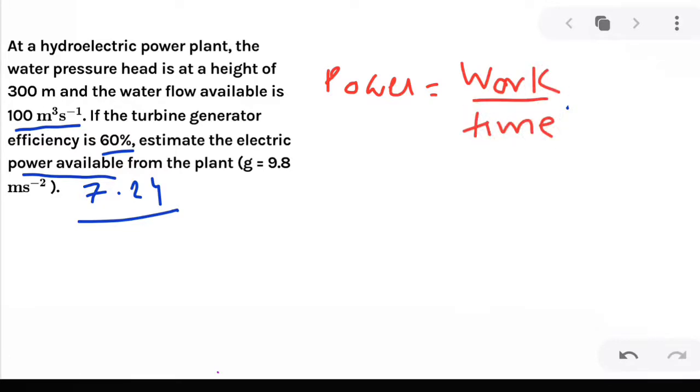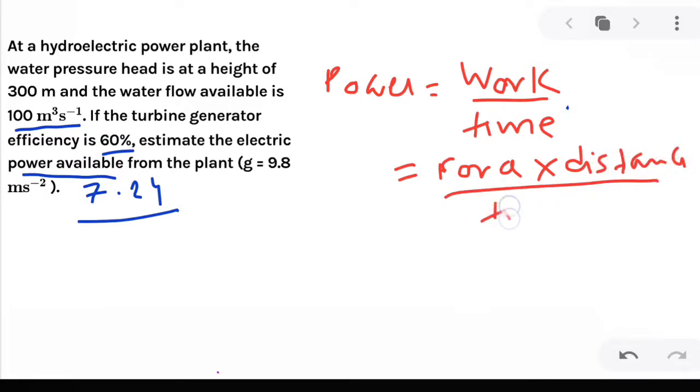And what is work? Work is force into distance. Work is force into distance divided by time. Now here there is a term called water pressure head. So that means we have to express this force in terms of pressure. Now what is pressure?